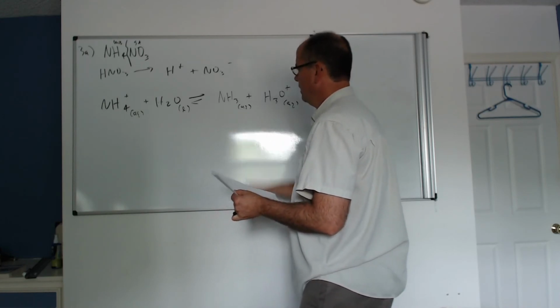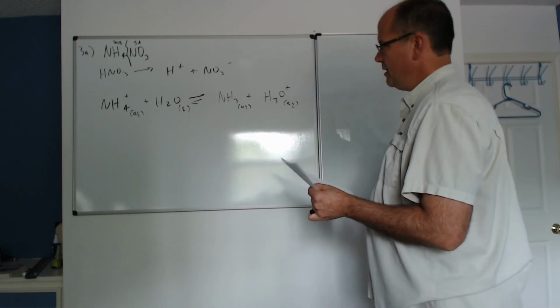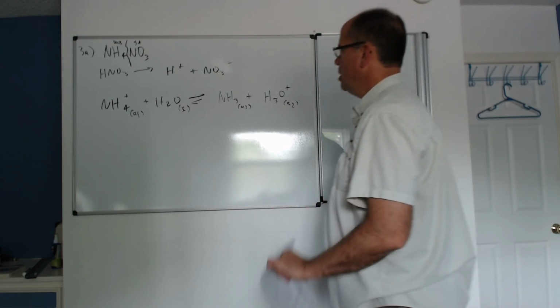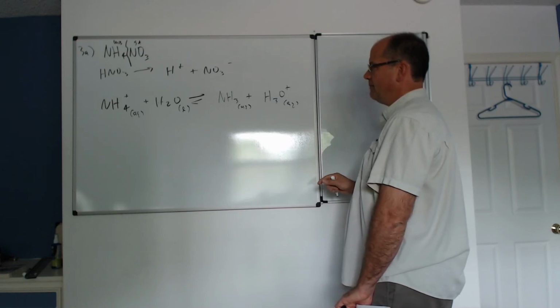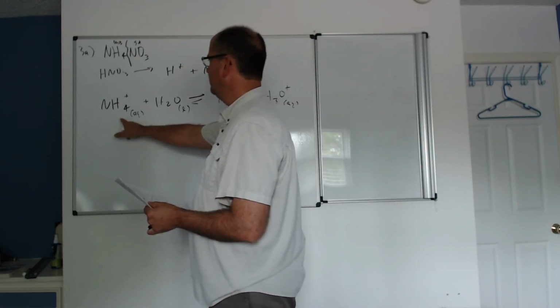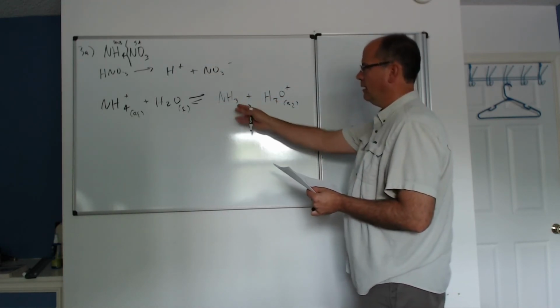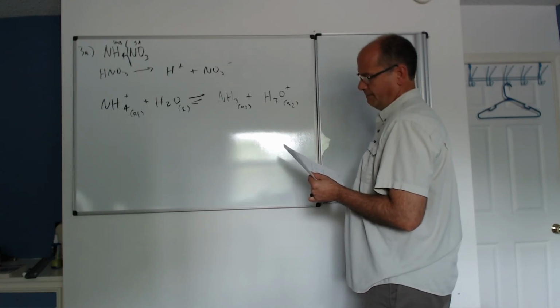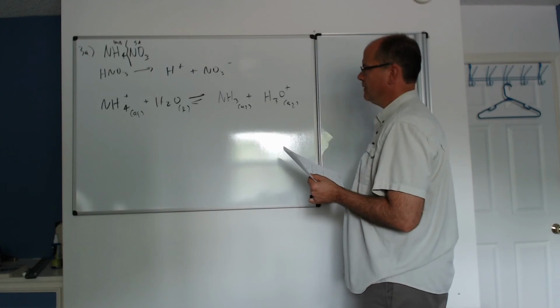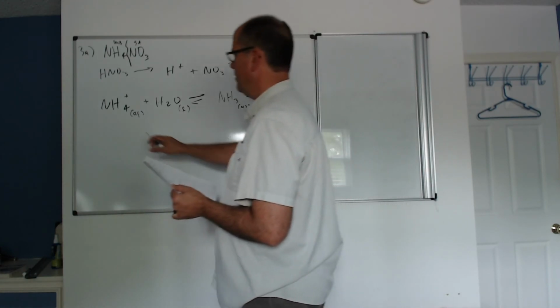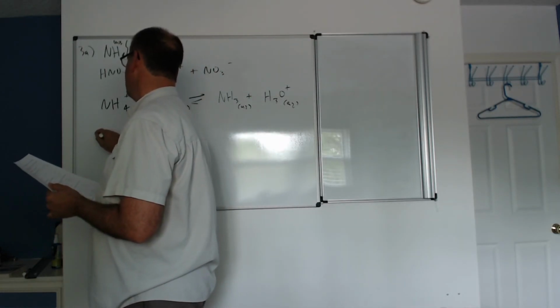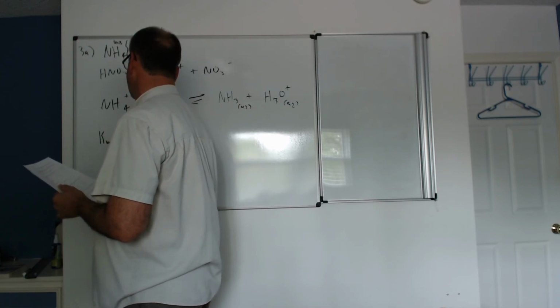We can then do our Ka and Kb scenario. So you would look up the Kb value for NH4OH.